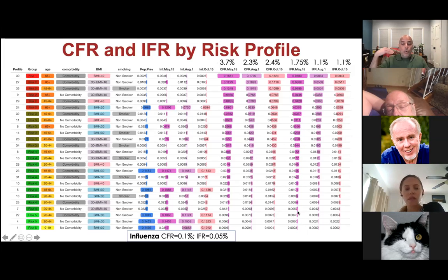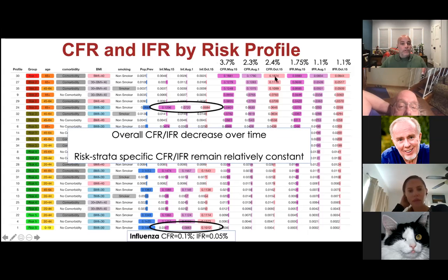Now, weighted average across the prevalences that we estimate across time, we do get summary estimates of these, and this is where you can see that overall the CFR and the IFR decrease over time. We can see that in terms of May 15th, here's August 1st and October 15th that we've estimated, and there is a decrease in that.